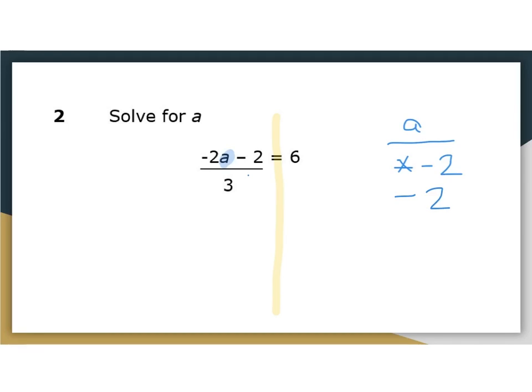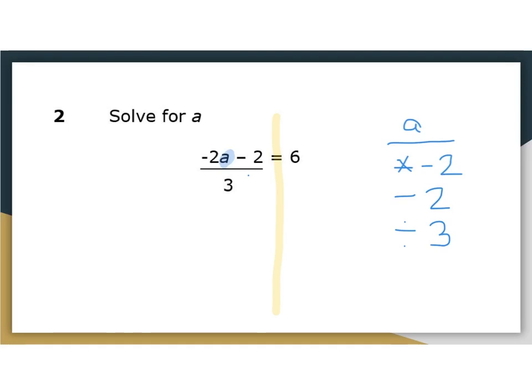And then the entire numerator is being divided by 3. So the last step would be dividing by 3. So we're reading this as -2 times A minus 2, all divided by 3 equals 6. So I've written the steps off to the side here in reverse order.